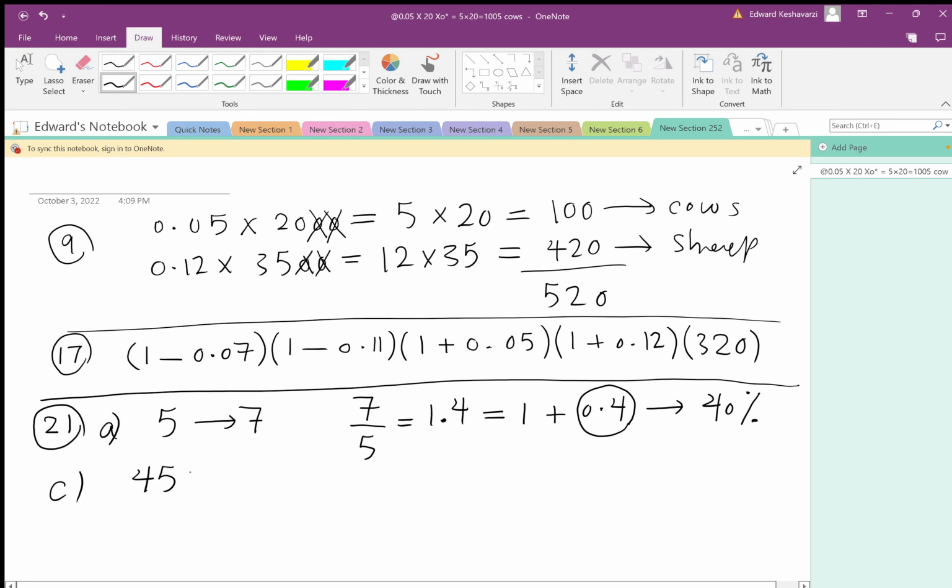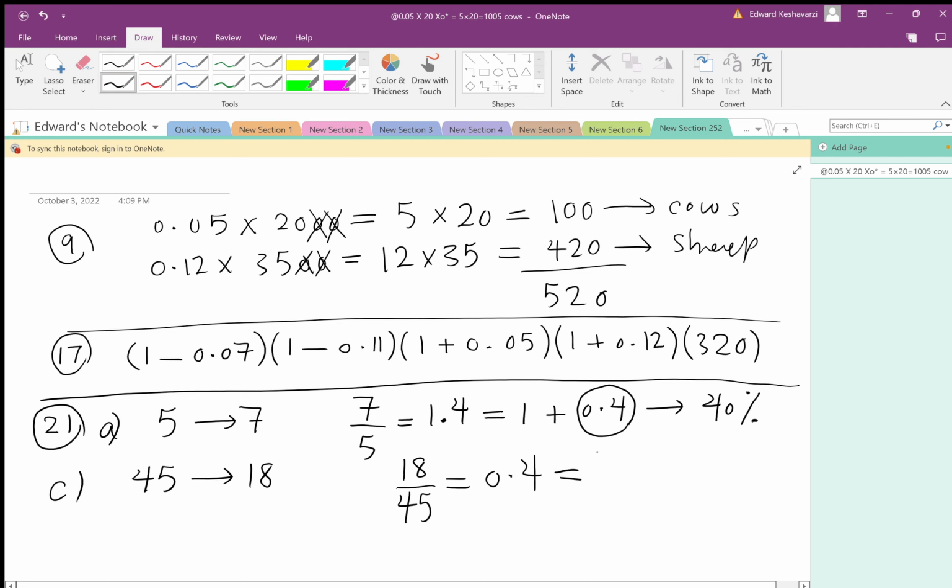So the second question that I want to do is C. 45 goes to 18, of course we have a decrease in the value, but in the same way we divide 18 by 45. If we use our calculator to see what 18 divided by 45 is, we will have 0.4.